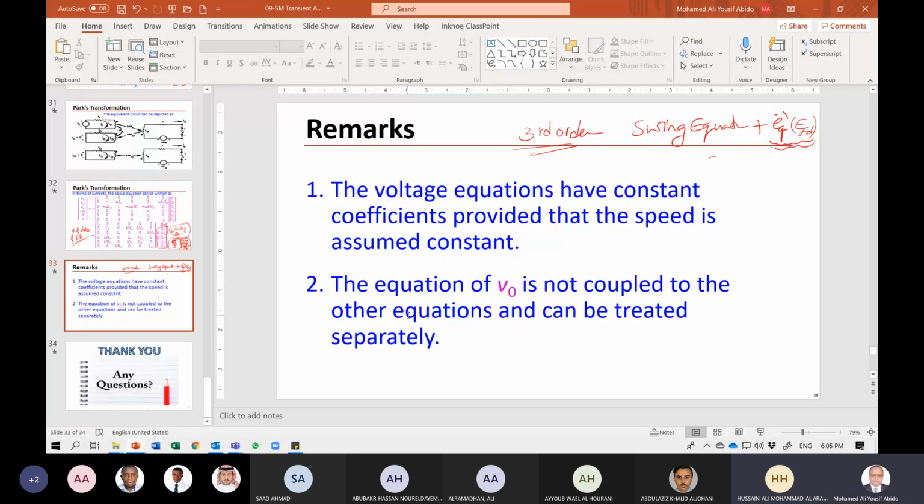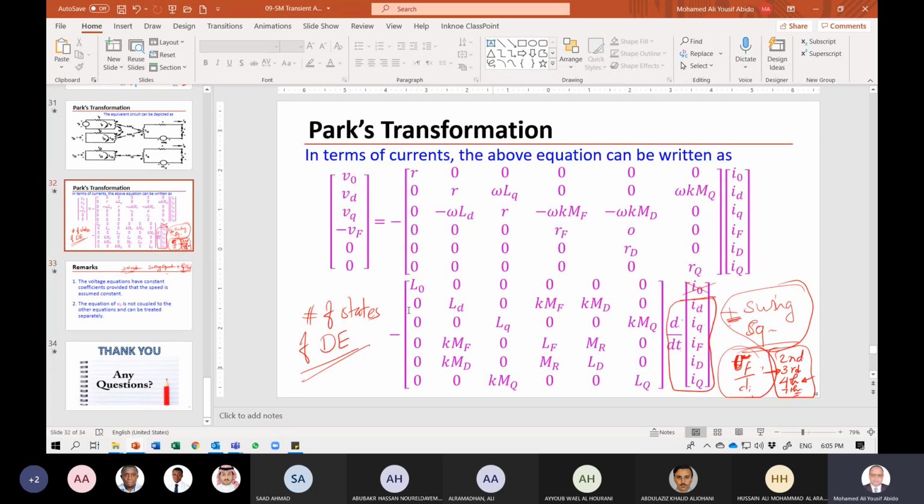Is this zero axis equivalent to the zero sequence component? It is symmetric, not a zero sequence component. This will appear if we have an unbalanced condition, which is very, very rare. As you can see here, this is V0 equal to R times I0.